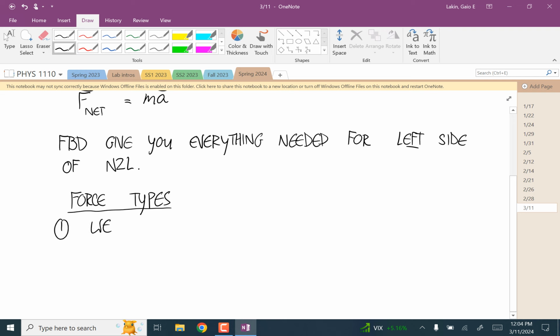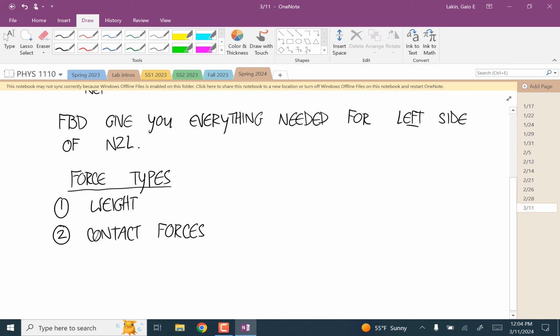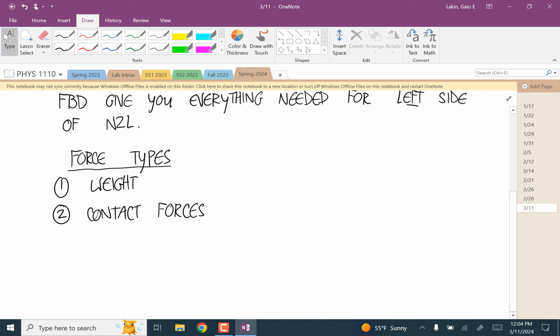First is the weight force. That's the force applied by gravity. And second is contact forces. And we can break down contact forces into 3 different ones. The first one is pushing forces.